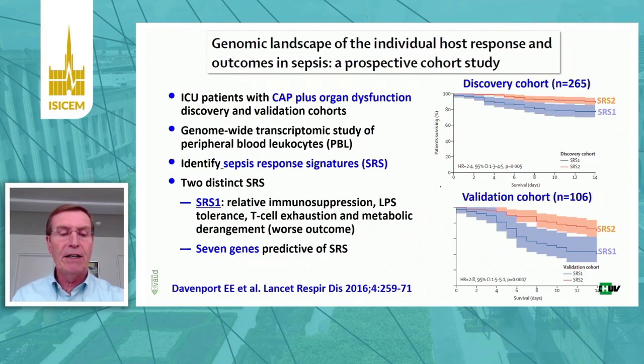And they identified 2 signatures, SRS1 and SRS2. And as you can see, both in the discovery cohort and validation cohort, the outcome was worse with SRS1, which could be defined by 7 genes, and the signature was an immunosuppressive signature, T-cell exhaustion, and metabolic derangement.